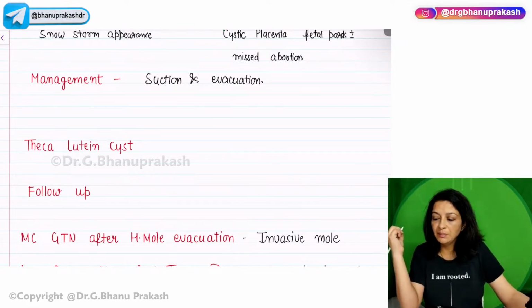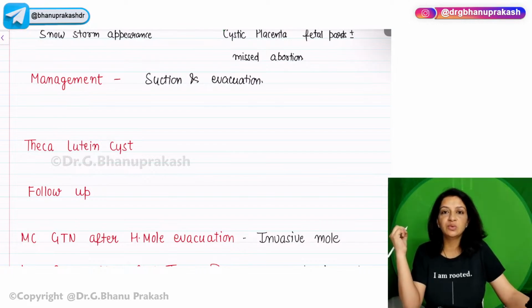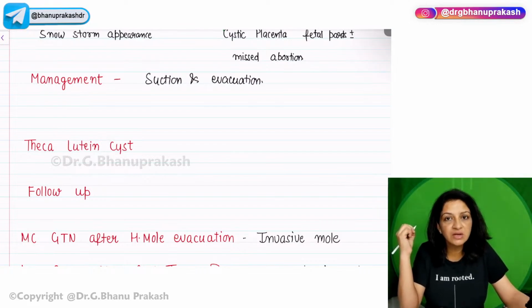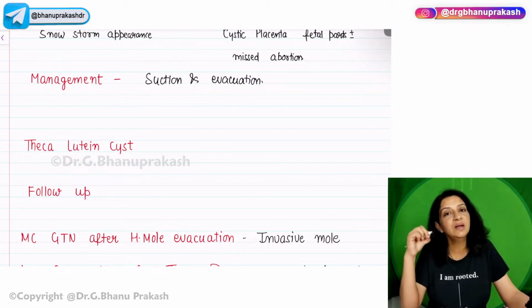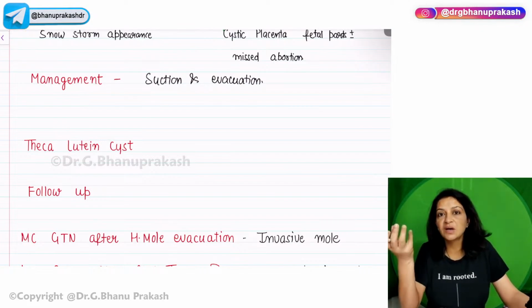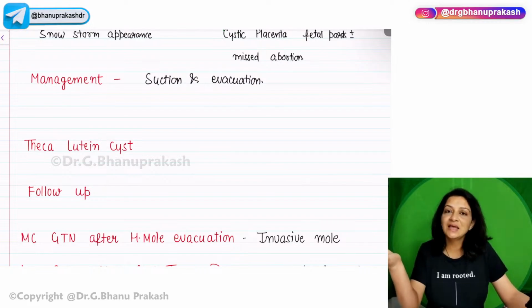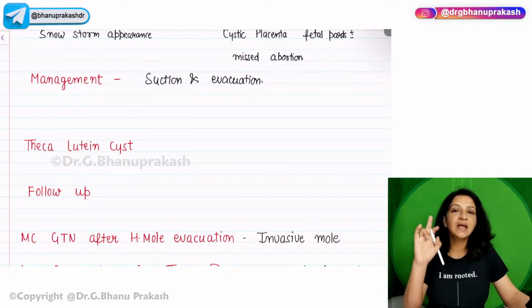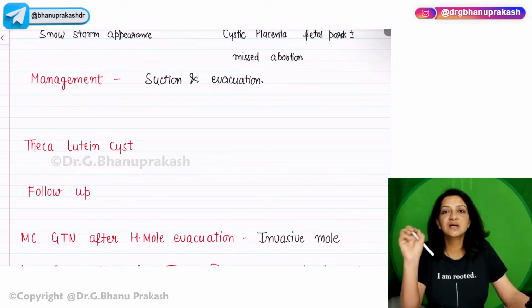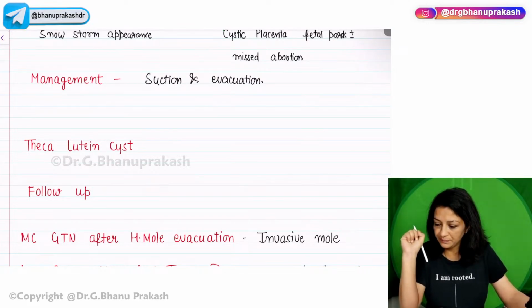Yes, Dr. Vicky, P57 KIP2 immunostaining will be absent in complete mole, because in complete mole, the genetic material from the sperms will be only paternal. But in case of partial mole, both maternal and paternal genetic material will be present.